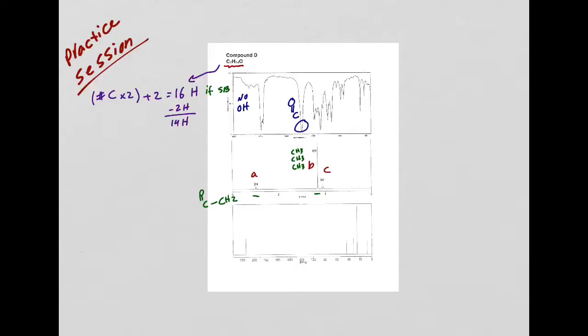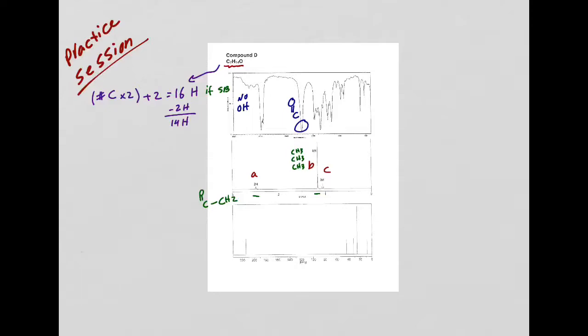Now, what is the spin splitting telling me? So 9 hydrogen, it's likely that I have 3 CH3s that are equivalent to each other. Now it is a singlet. So what that means is they are next to a carbon that has no hydrogen, right? The adjacent atom has no hydrogen.